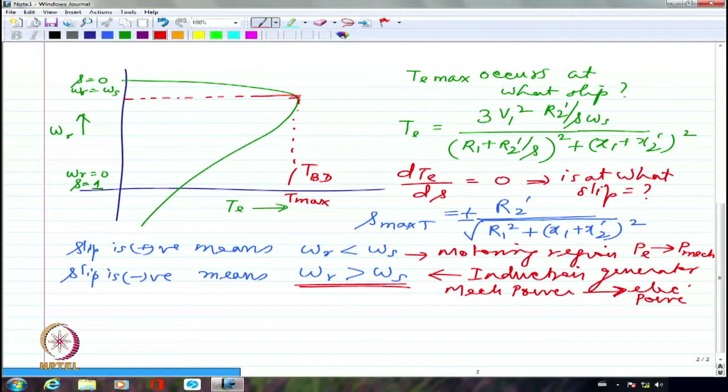So for that voltage and that frequency, it is kind of set in stone for a given induction motor because it depends heavily upon the parameters of the induction motor. And this is S max T. Slip is increasing in this direction. I hope you understand. Slip is starting from 0 and going towards 1 in the opposite direction to that of the speed. So the slip is increasing in this particular direction.